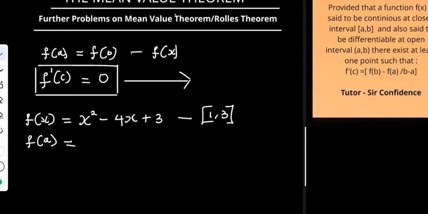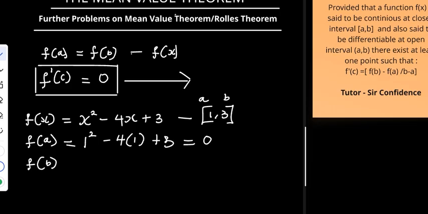So what will be f of a? Here a is 1 and b is 3. When we put in 1 into this, we have 1 squared minus 4 into 1 plus 3, and this is going to give us 0. What would be f of b?